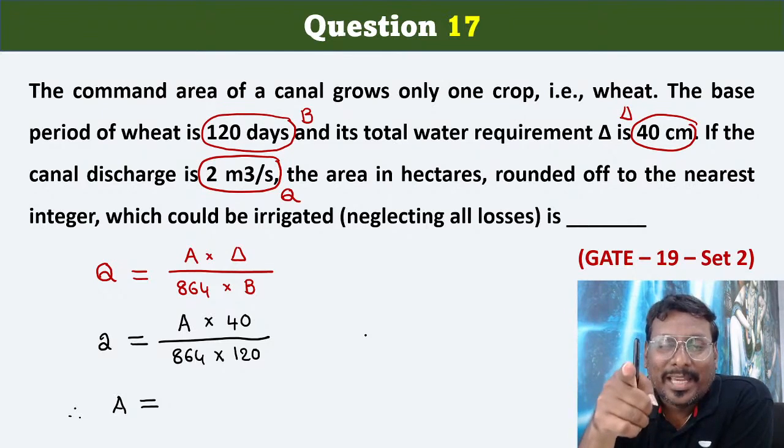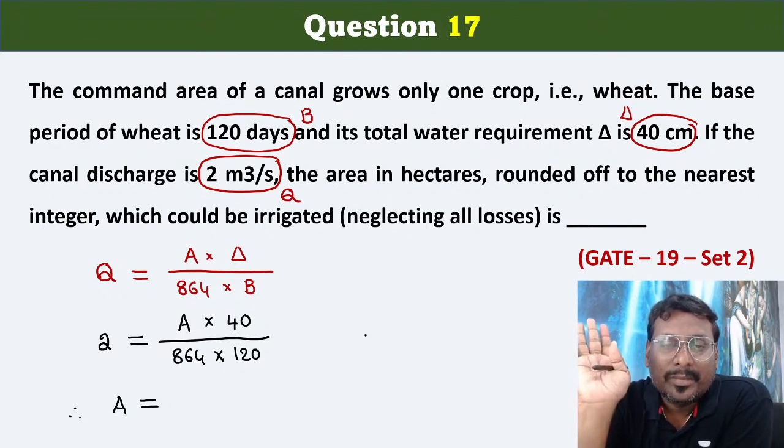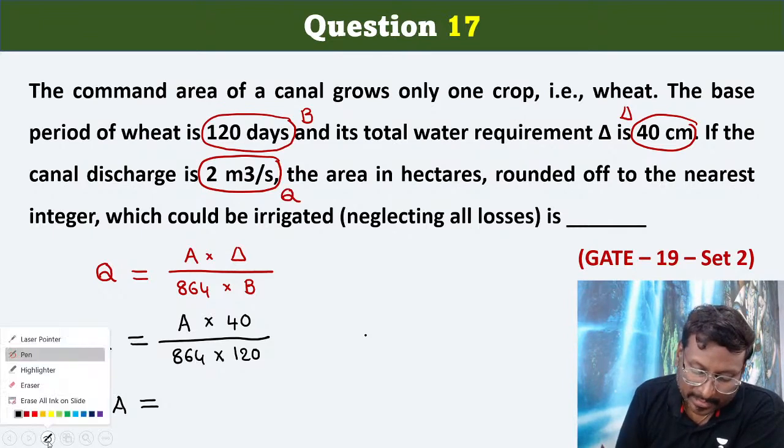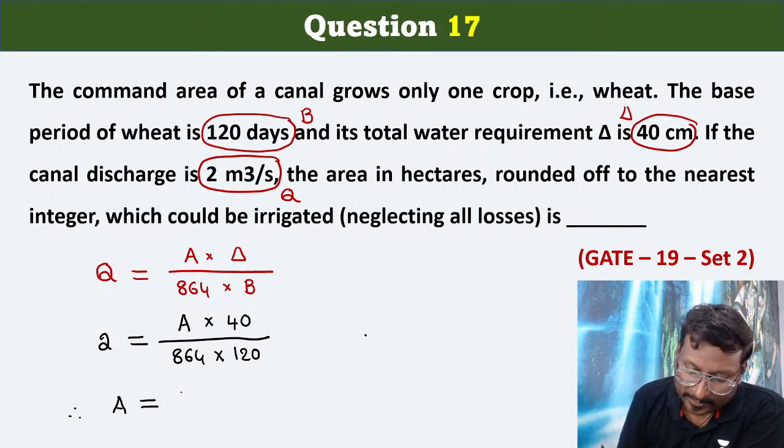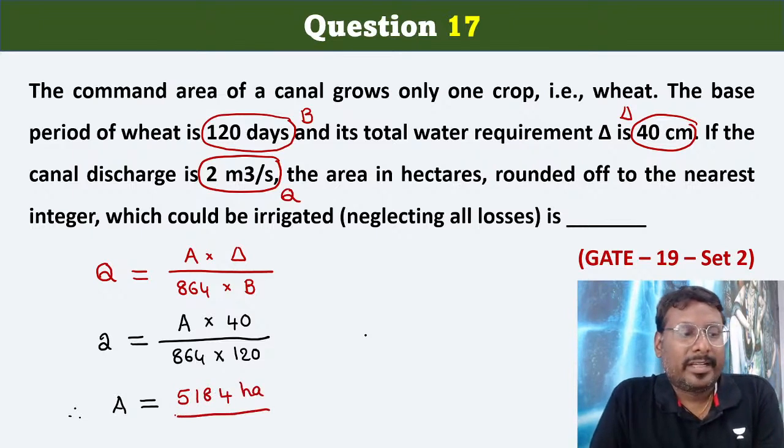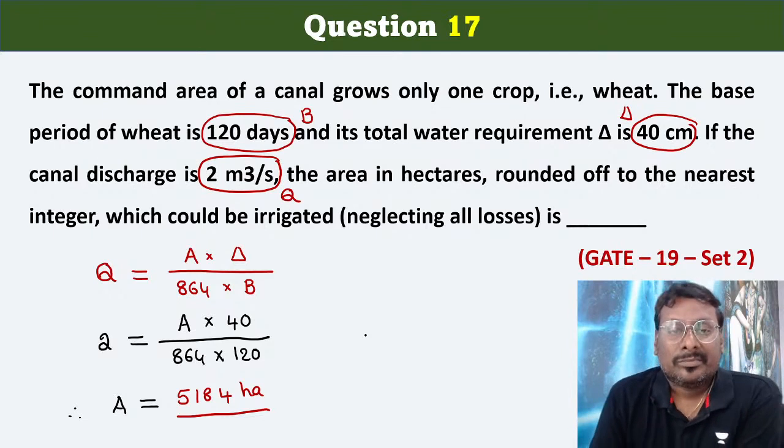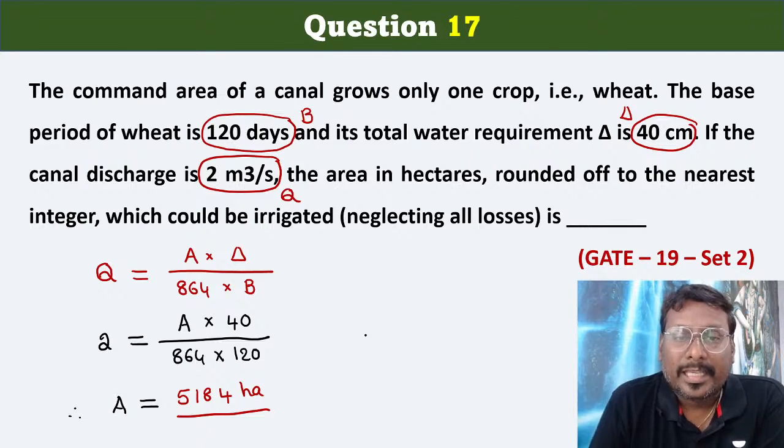Q is equal to A into delta by 864. Everywhere you can use it. So 5184 hectare, 5184 hectare area you are getting.